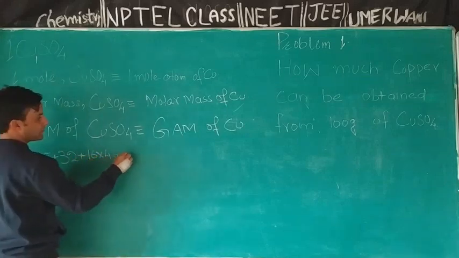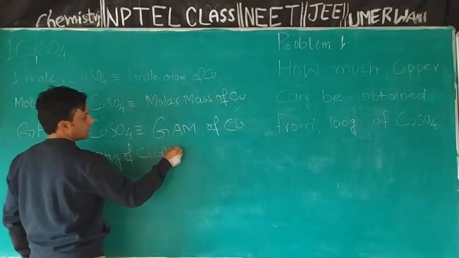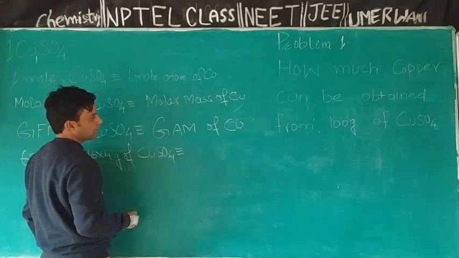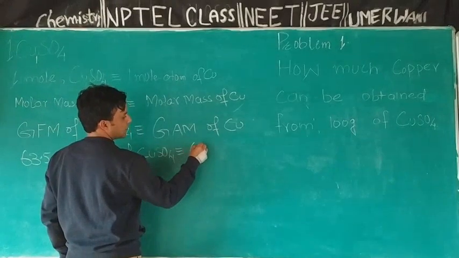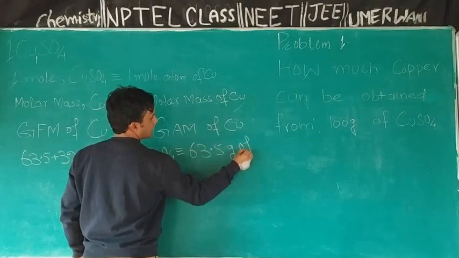This many grams of copper sulfate contain or give 63.5 grams of copper, the atomic mass of copper.